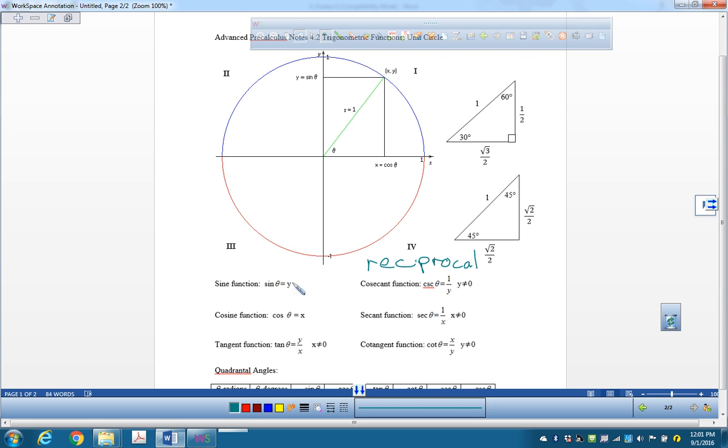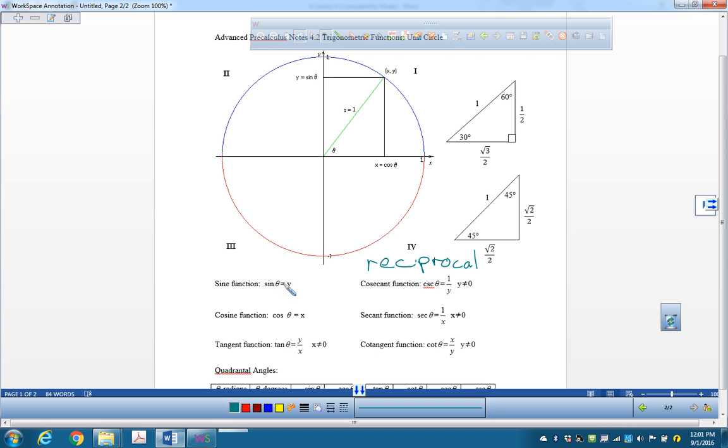Reciprocal of sine is cosecant. The reciprocal of cosine is secant, and the reciprocal of tangent is cotangent. And it's just another ratio. So instead of this being the ratio of y over the hypotenuse, this is the hypotenuse over the opposite side. But all you really have to do is flip them over, right?